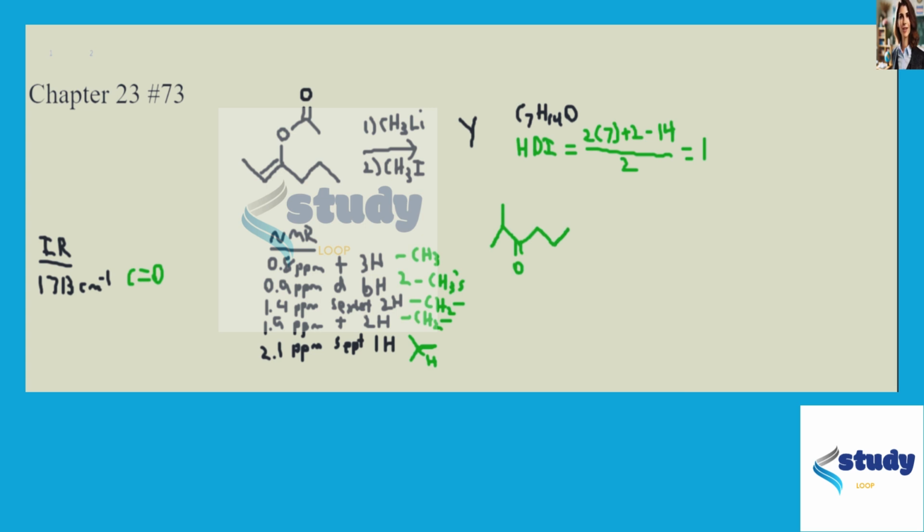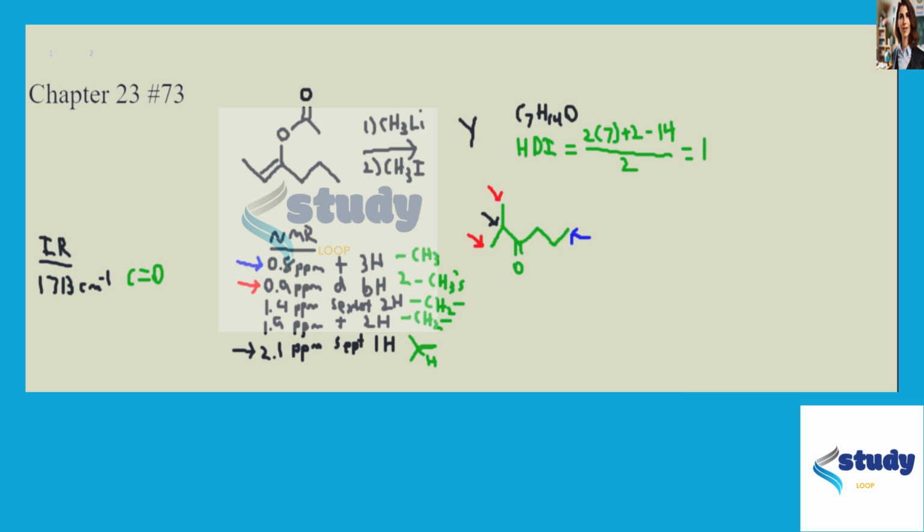Okay, so just to clarify, we have 1 methyl group. That's this signal. The next signal would be these 2 methyl groups. Our 2.1 ppm septet that integrates to 1 is going to be the proton here on this carbon.